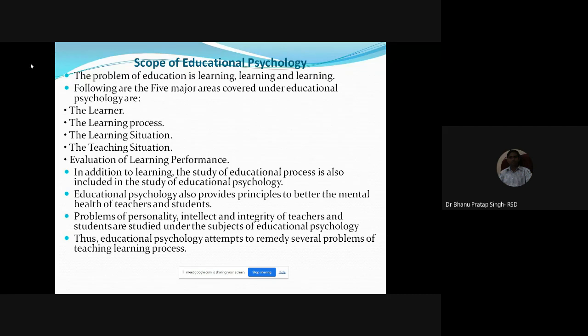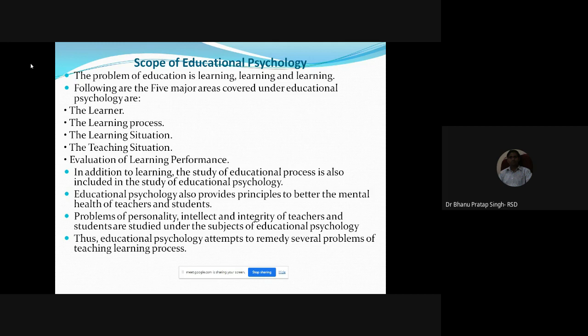As I have discussed, these four are the important issues which are dealt with by educational psychology. And the last is evaluation of learning performance. What is learning performance and how can it be analyzed, how can it be evaluated?